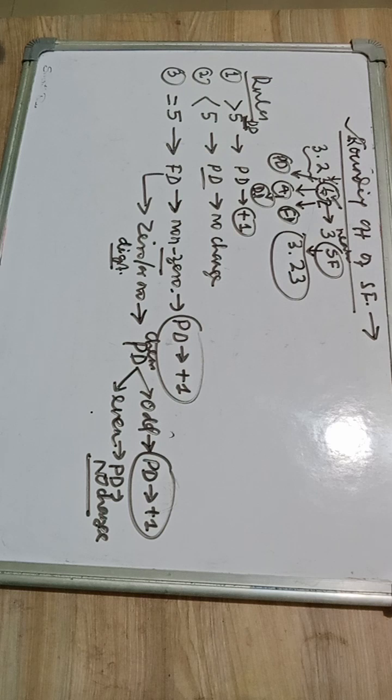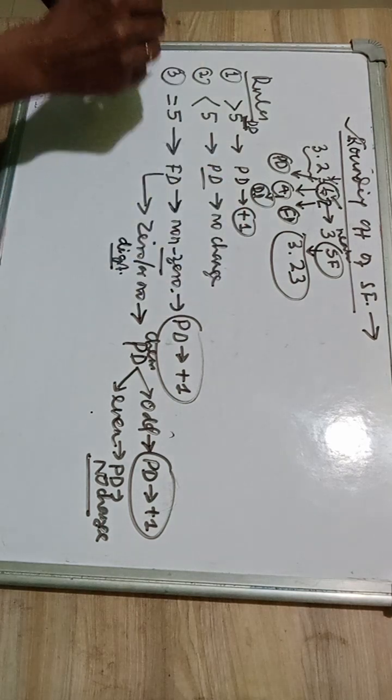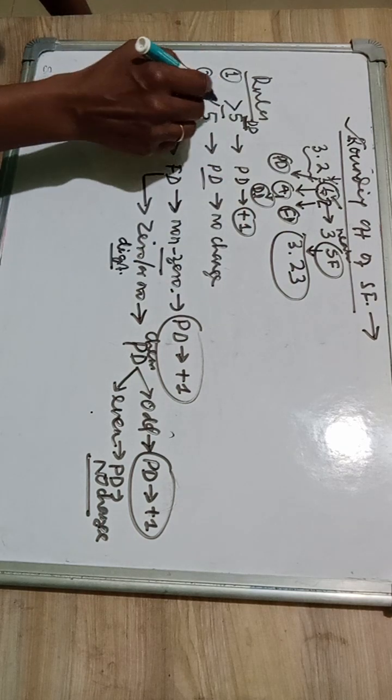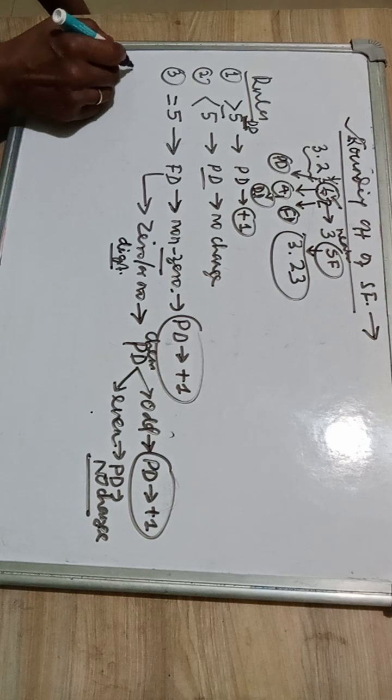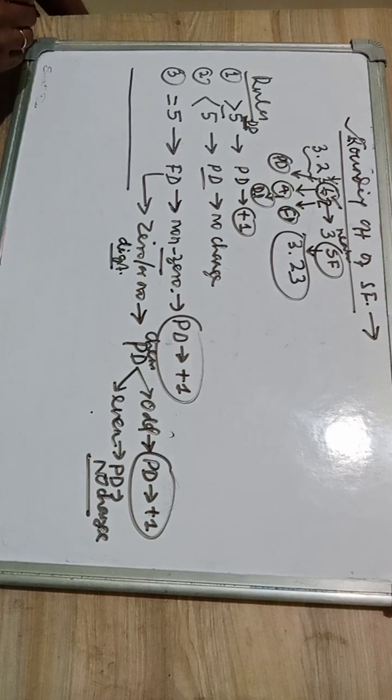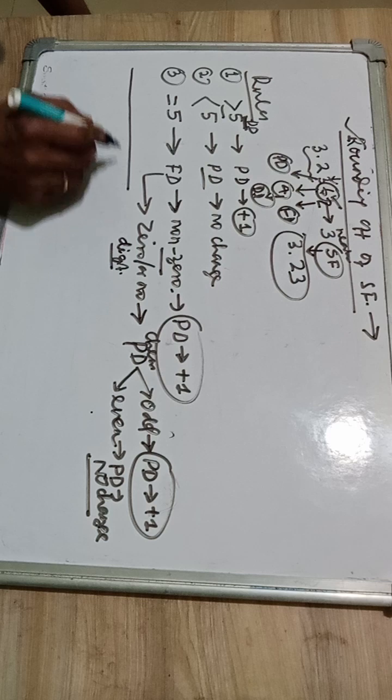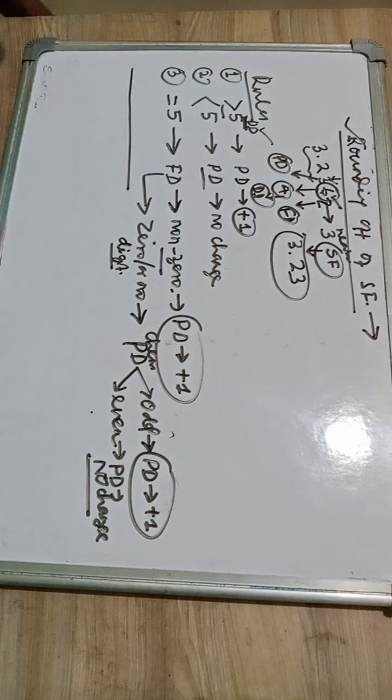Now let us take certain examples to understand. Rule 1 says if the drop digit is greater than 5.